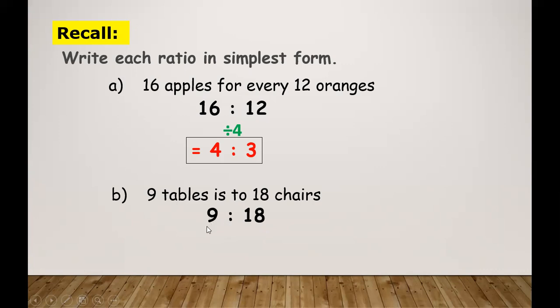Both of these are in the table of 9, so we are going to divide both by 9. 9 divided by 9 is 1, and 18 divided by 9 is 2. So 9:18 in simplest form is 1:2. Okay? So the final ratio of 9 tables is to 18 chairs is 1:2. I hope you still remember how to write ratio in simplest form.